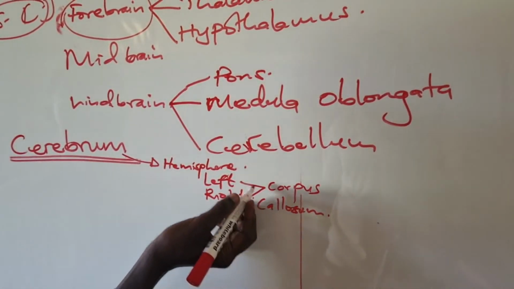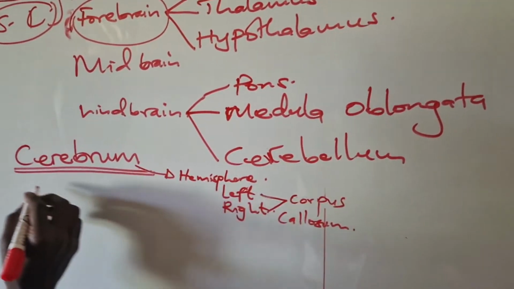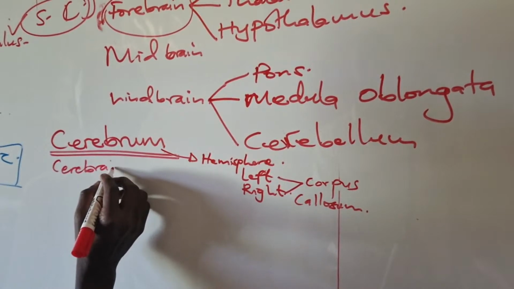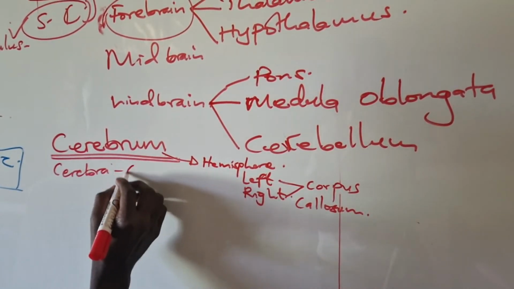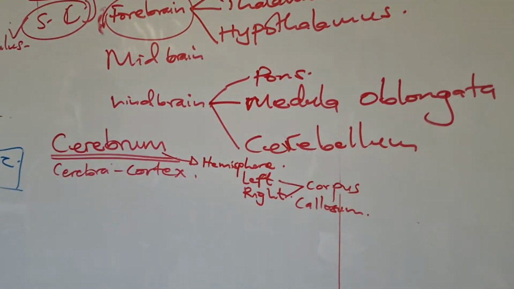And this cerebral hemisphere, or the cerebrum, is protected by a small membrane we call the cerebral cortex. It's the membrane that covers up the cerebrum.